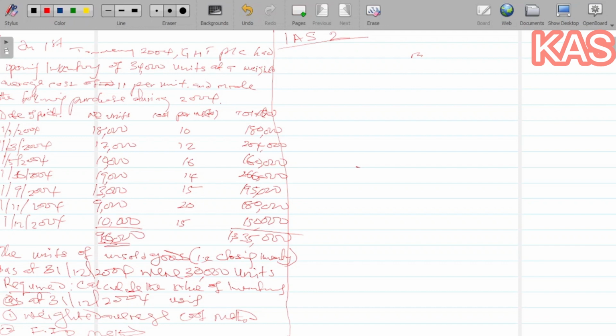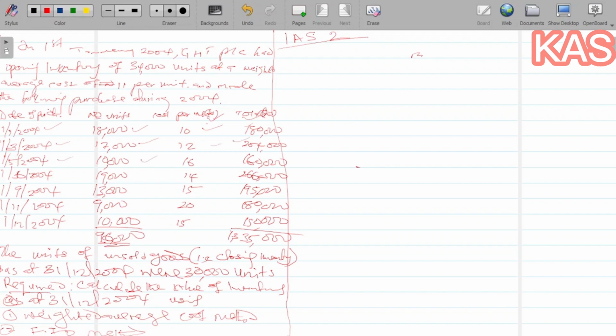Date of purchase, number of units, cost per unit, and the total amount. So on 1st January 2004, the number of units is 18,000, then cost per unit is 10, we have 180,000. On March, 17,000 units at 12, 204,000.